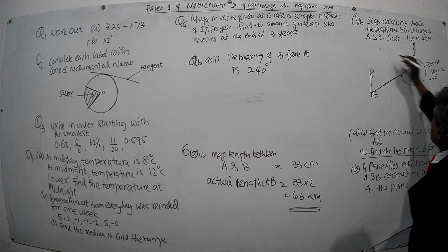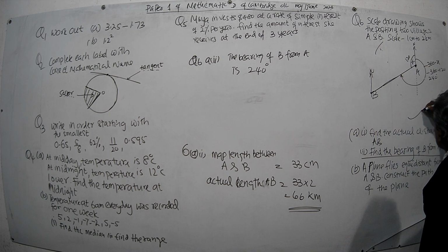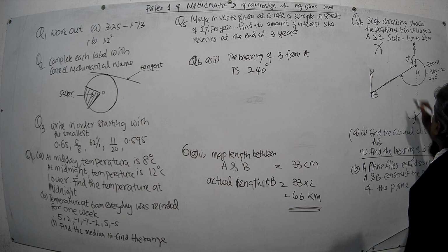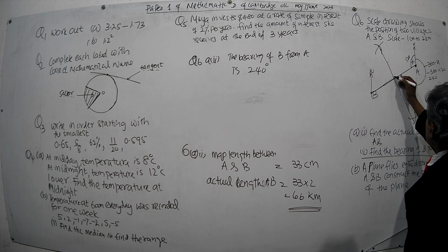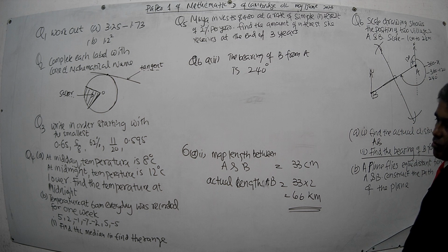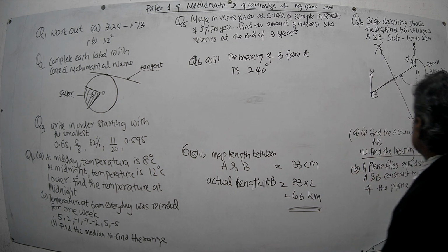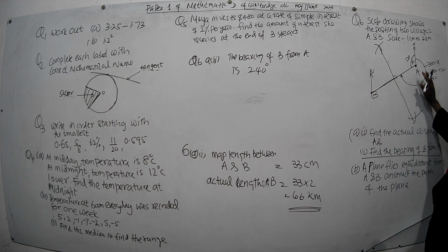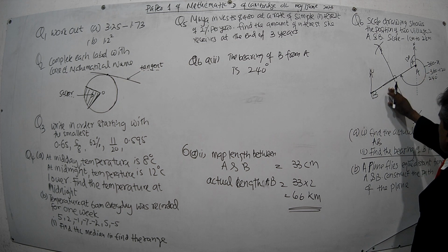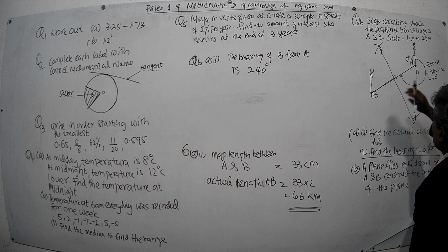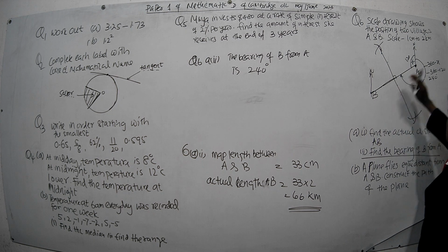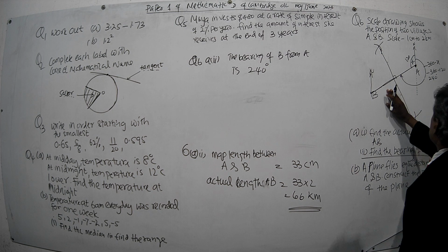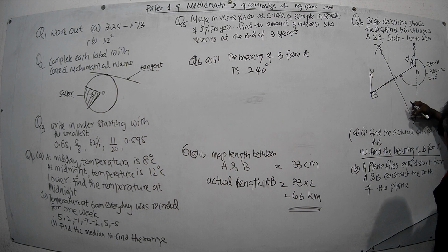Using the pair of compasses, keep the middle point at A and take a little more than half the line AB as the radius.